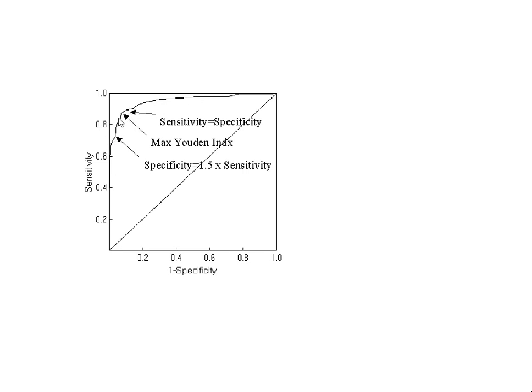And right here where it says max Youden index, where the tangent would be passing, picking this point is going to give you the best ratio of sensitivity to specificity.